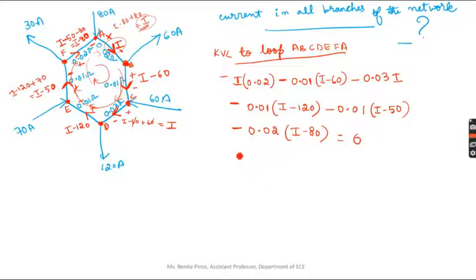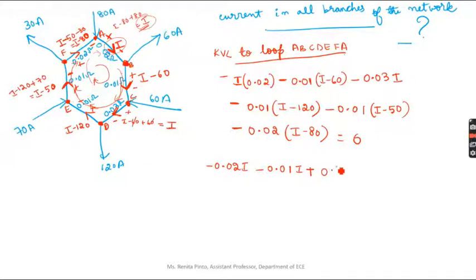Now can you find out the answer for current I? So you have minus 0.02 I, next minus 0.01 I, next minus into minus plus, 60 into 0.01, that will give you 0.6.